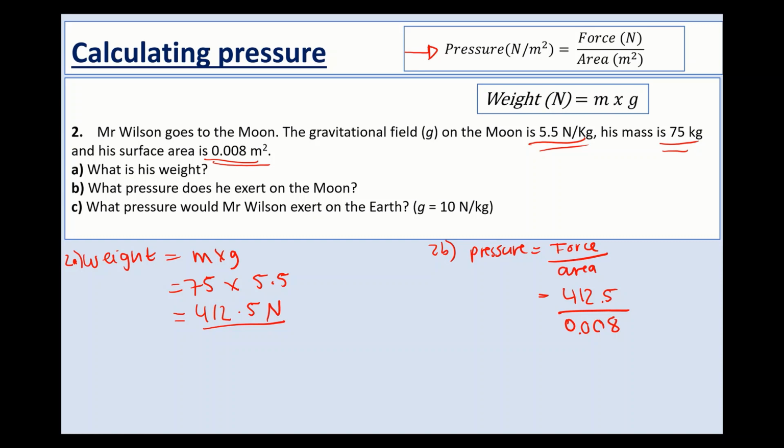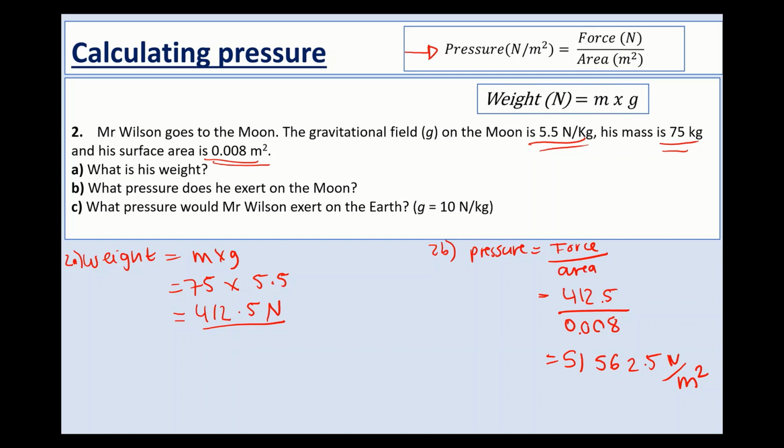And when we divide those two numbers together, we get 51,562.5 newtons per meter squared. Okay, so it was a two-step process to find the pressure of Mr. Wilson on the moon, because we needed to find his weight first.